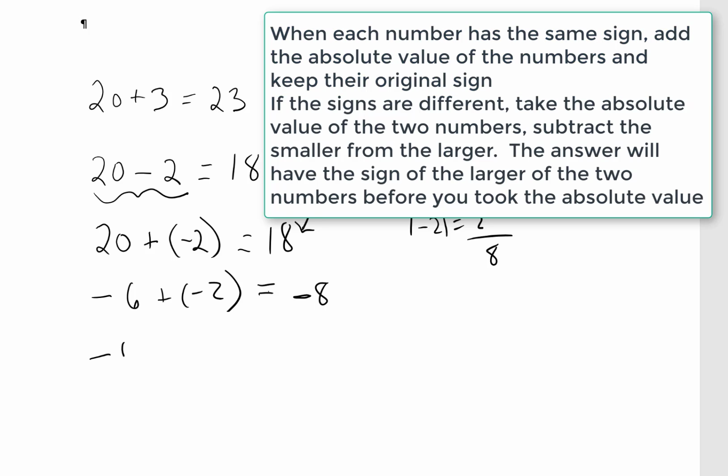Now, if I had negative 6 plus 3, the signs are different. Then I would take the absolute value of the larger number, that would give me 6, and I'd subtract from it the absolute value of the smaller number, which is 3. And I would subtract these two numbers. Then, the sign that I would give to the answer would be the sign of the number that has the greatest absolute value. So since 6 is the larger of 6 and 3, it had a negative sign.